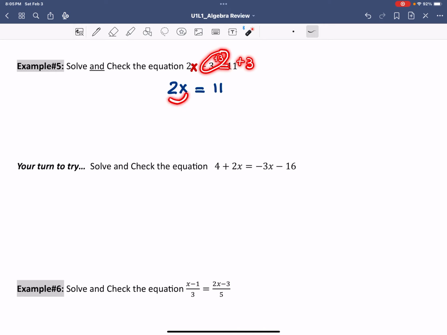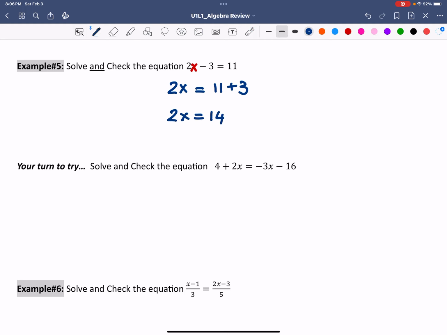So 2x sits on its own. And that will give 11 plus 3. So when we say transfer the term to the other side, it's a shortcut for adding the same number to both sides. So we have 2x equals 14.